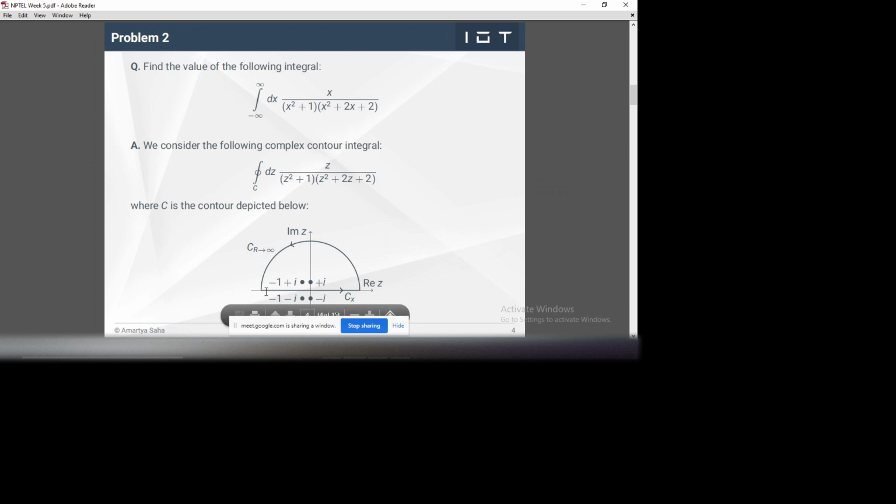Actually our real integral lies along this real line. As you see, our real integral was minus infinity to plus infinity, so along this real line it goes from minus infinity to plus infinity. This much was the real integral, but now we are also considering the contributions from this semicircular arc. That is what we have to figure out, how much it contributes.